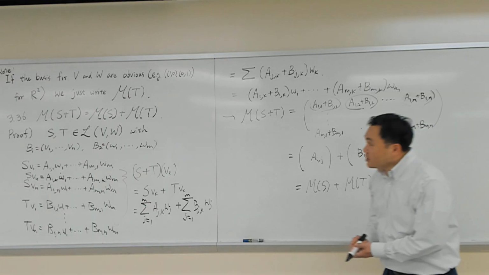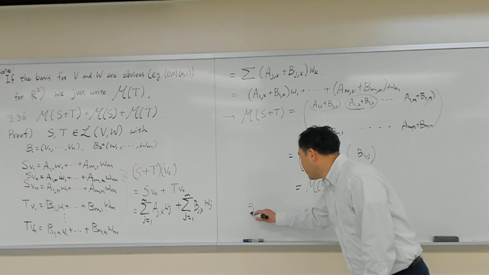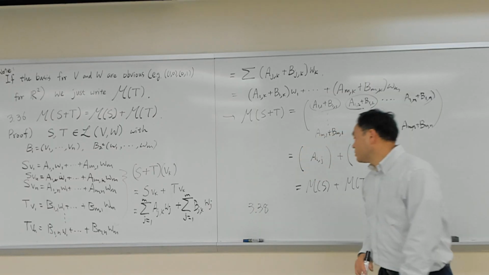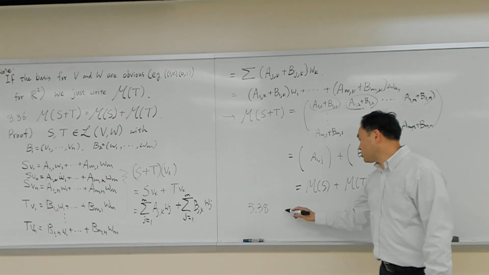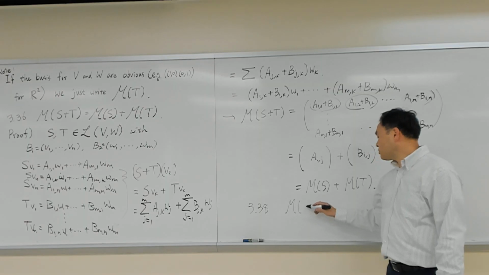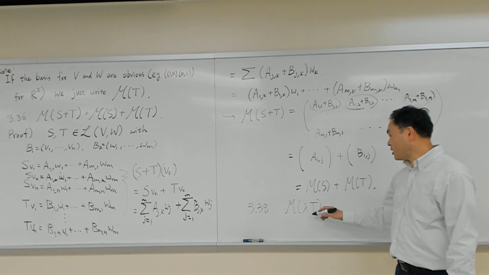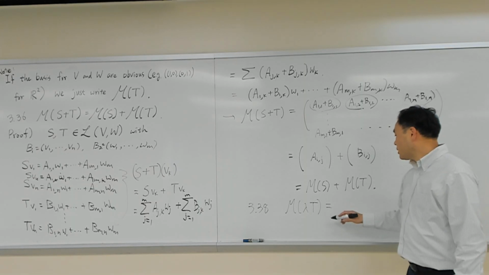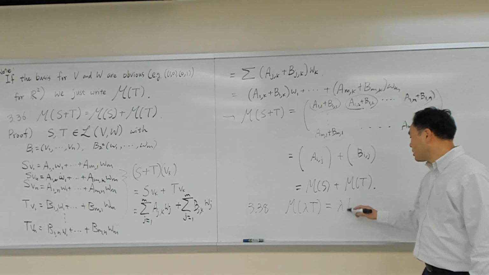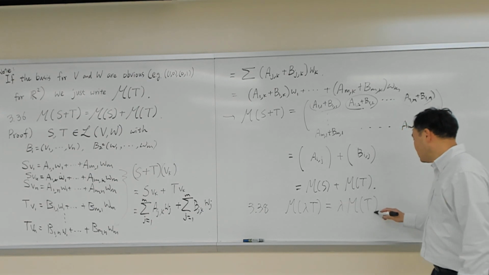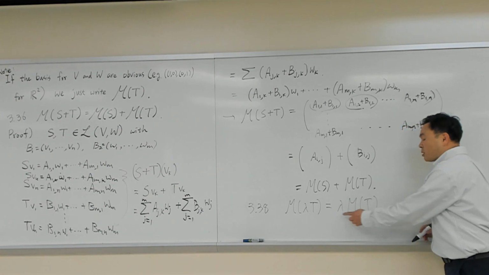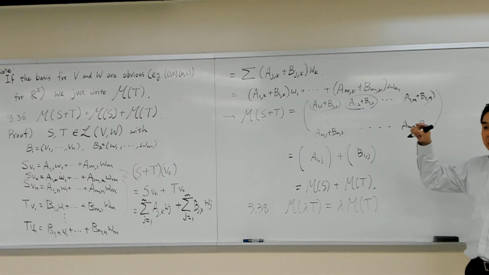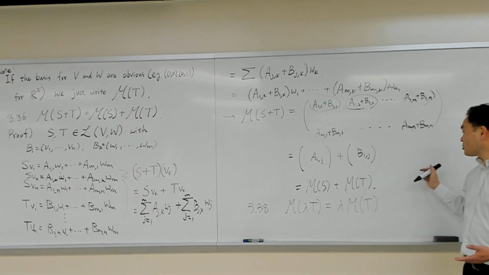And then in 3.38, there's another identity which says M of lambda T equals lambda times M of T. So you can multiply a scalar to any linear map, and that's the same as lambda times the matrix of T, where I'm assuming that you know how to multiply a number to a matrix.